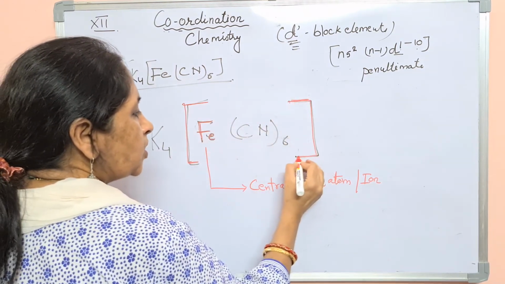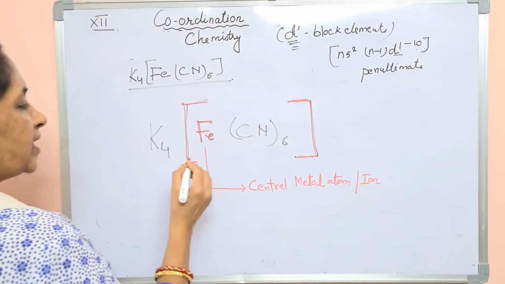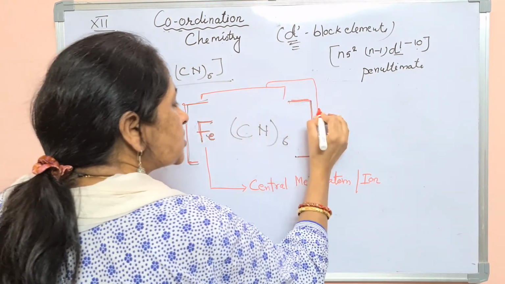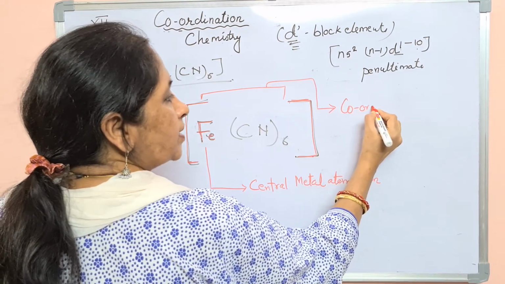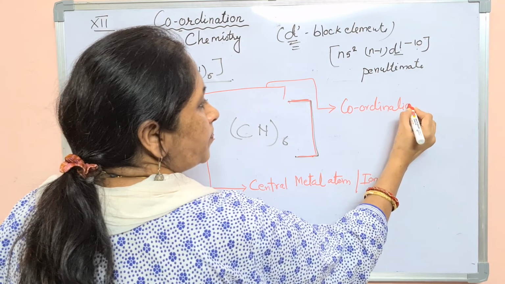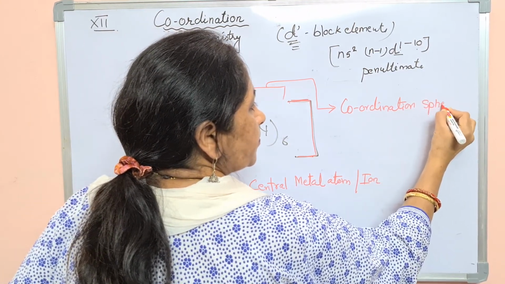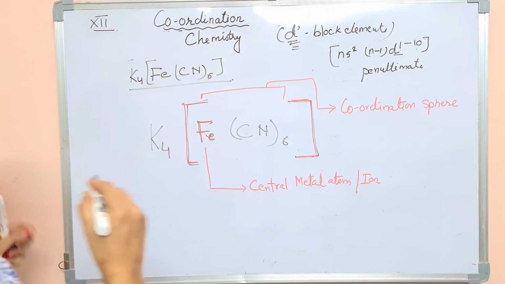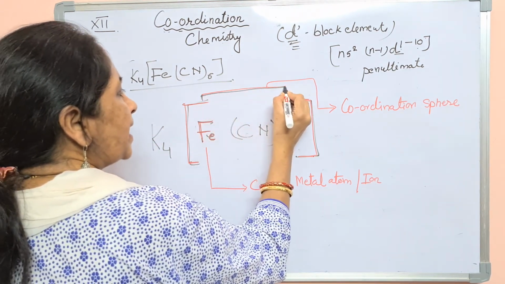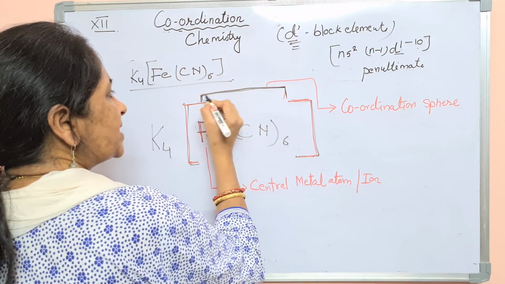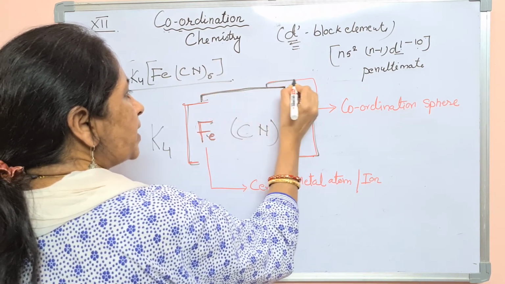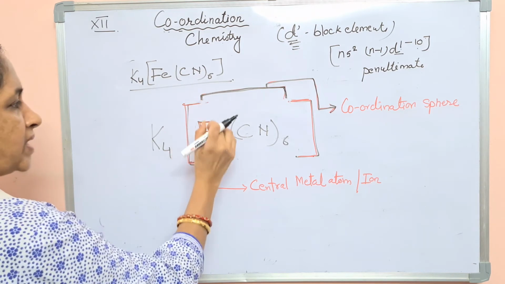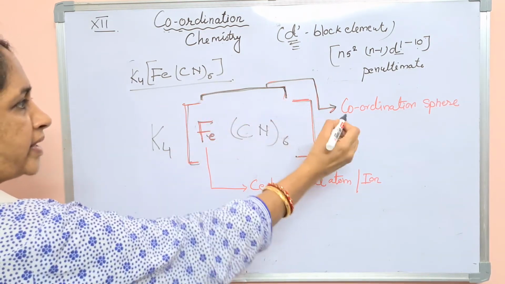The components present inside this square bracket are called the coordination sphere. जो भी इस स्क्वायर ब्रैकेट के अंदर प्रेजेंट है, सेंट्रल मेटल एटम, जैसे कि इसमें साइनाइड प्रेजेंट है, that all together is called coordination sphere कहा जाता है इसको. ठीक है. So whatever is present inside the square bracket is called the coordination sphere.